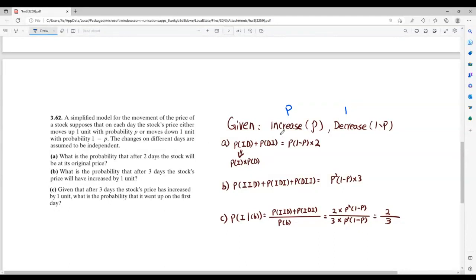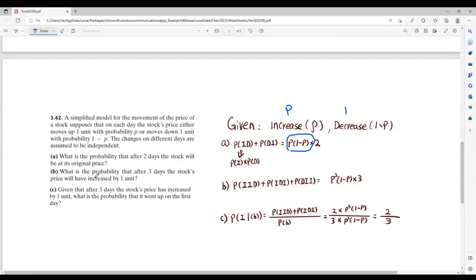And since increase and decrease are two independent events, we can rewrite the probability of increase then decrease to be probability of increase multiplied by probability of decrease. So we have p times 1 minus p. And then since there are two possible cases, we multiply by 2. That's for part A.